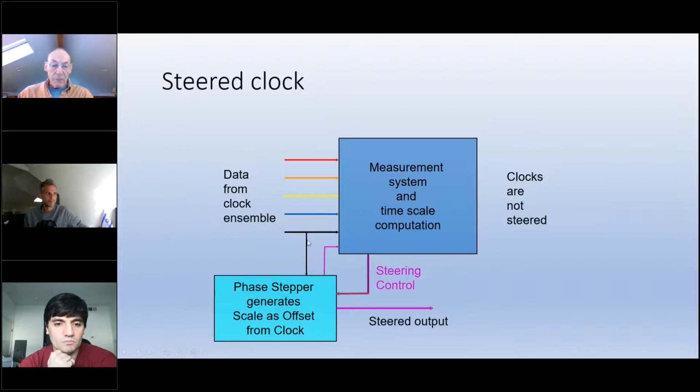You can tap off one of those to a phase stepper and then steer it based on the output of the algorithm and produce a steered output. You could actually do that on all of these, and they should all essentially produce exactly the same output, modulo noise in the phase stepper and the clock noise a little bit and so forth. So that's what I'm talking about when I say a steered output.